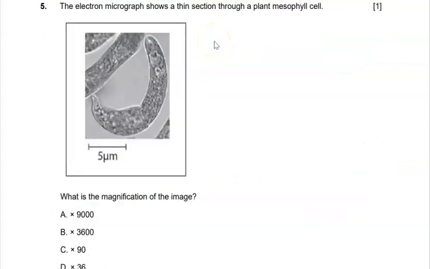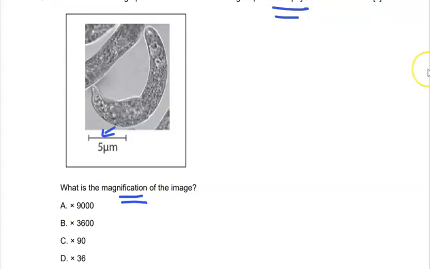Question 5 is looking at a thin section of a plant mesophyll cell, and we have here a scale bar at 5 micrometers, and we're being asked what the magnification is of the image. So on the examination paper that you have, I measured the length of this bar to be 18 millimeters, and yet the original size is 5 micrometers.